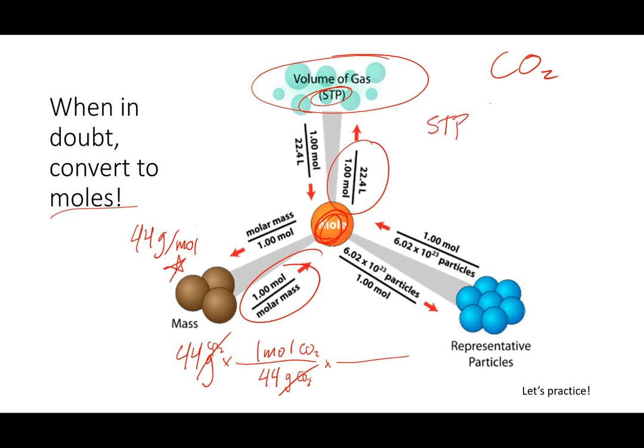Standard temperature and pressure would be the temperature part is 0 degrees Celsius, and the pressure part is 1 atmosphere. So this means sea level. Okay, so 0 degrees Celsius and at sea level. We're just going to assume that's what it is for all gases in this class.